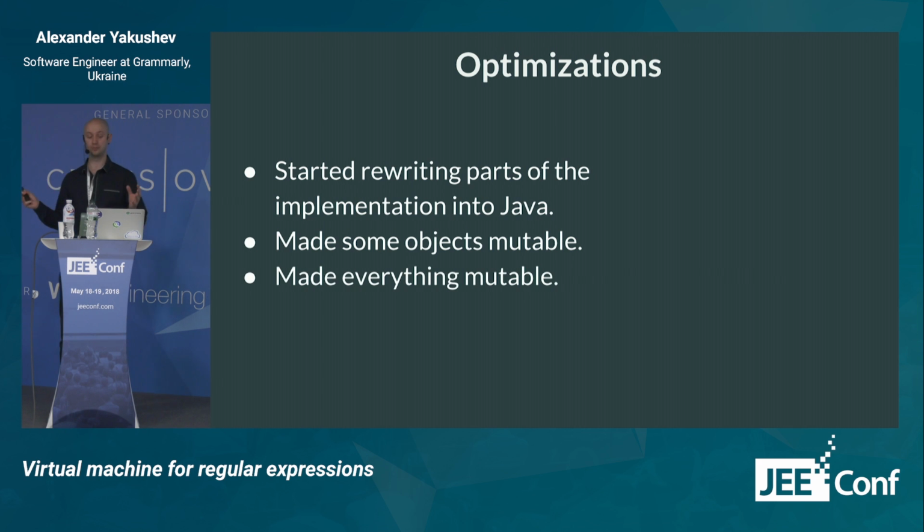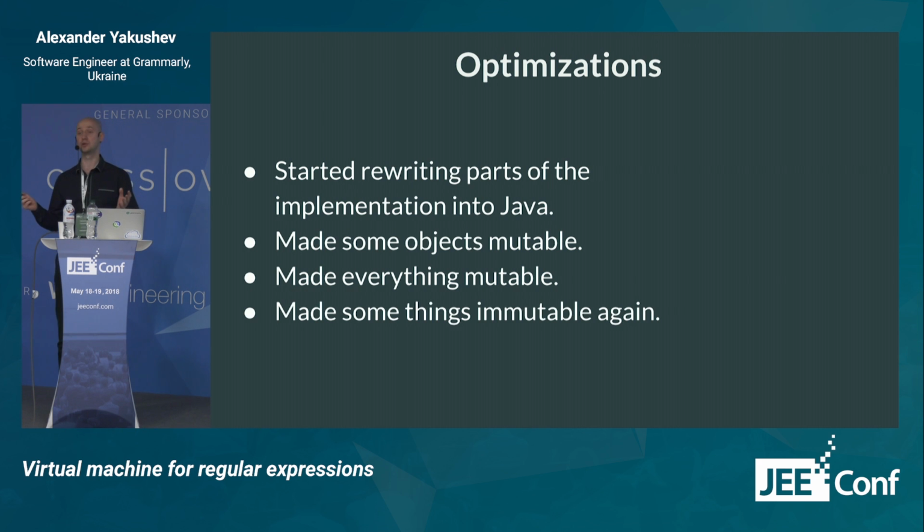Then I made everything mutable, and the performance became worse, because suddenly, in some cases, I had to do too much copying. For example, in the case of thread forking, when you get 2 threads out of 1, and the underlying objects are mutable, I had to defensively deep clone them, because I could not rely anymore on them being immutable. I could not just simply share them.